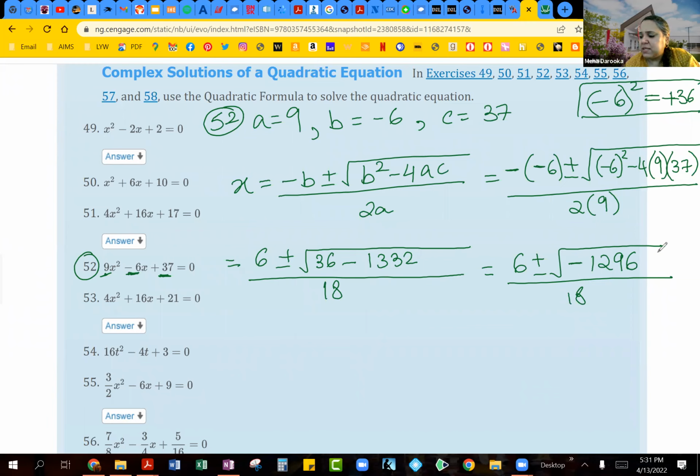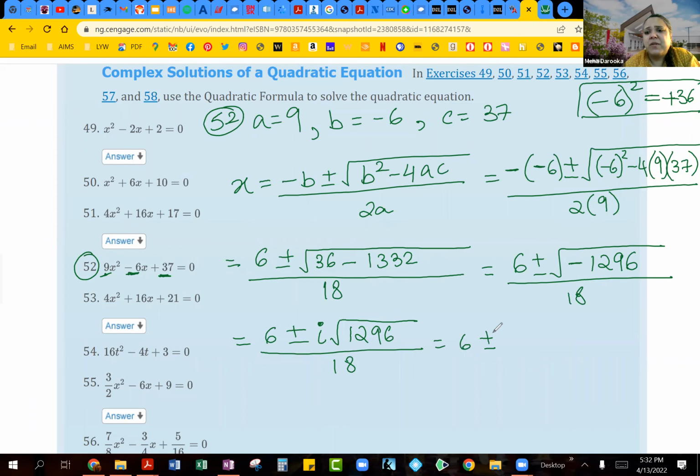Is 1296 a perfect square? Yes, it is. Awesome. So 6 plus or minus, you do have to clean that up. So remember that negative, you can imagine that as being a -1. So that negative sign will actually come outside as square root of -1 as i, leaving us behind with a positive square root of 1296.